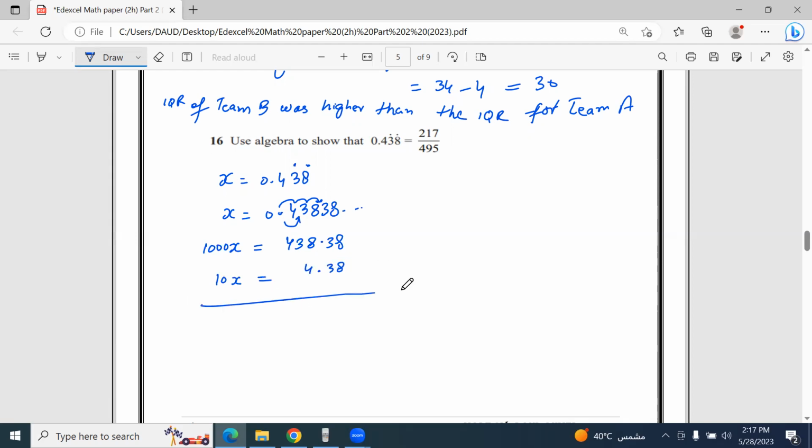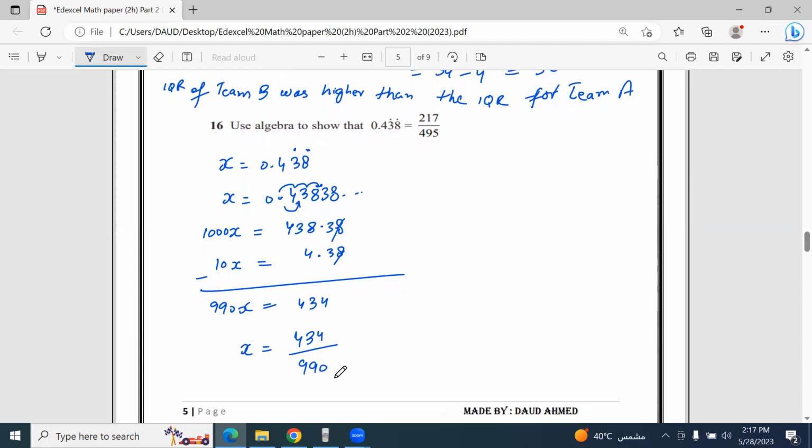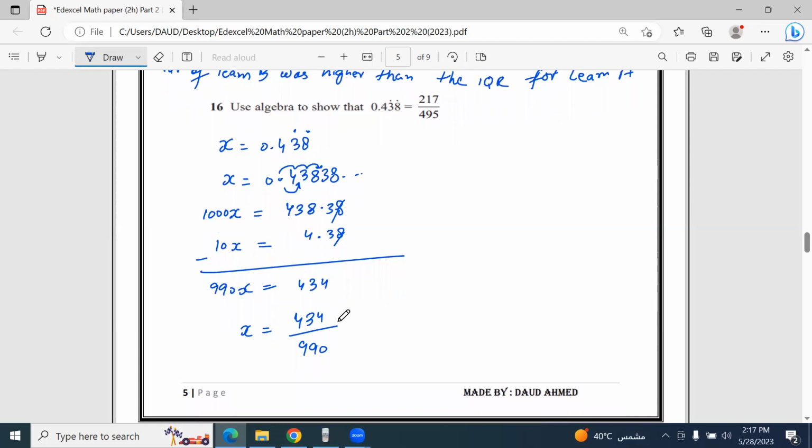Now subtract, this gives us 990x equals 438 minus 4, which is 434. Next step, x equals 434 over 990. Both numbers are divisible by 2.